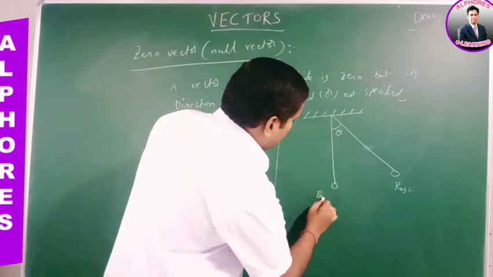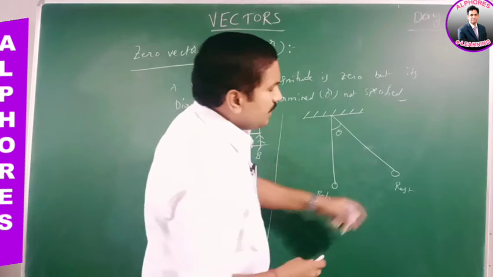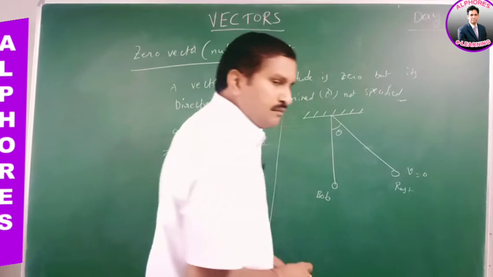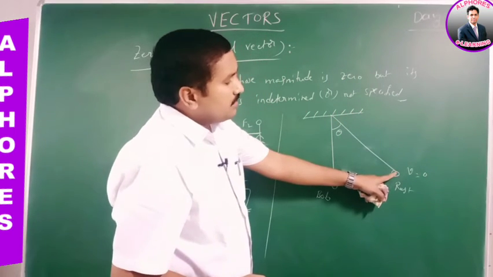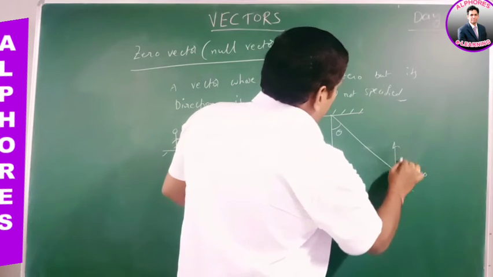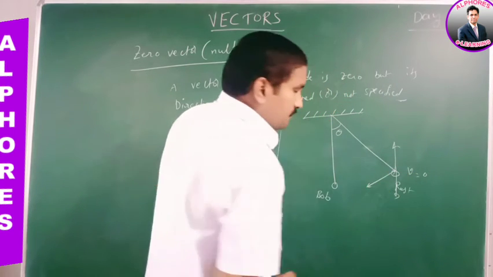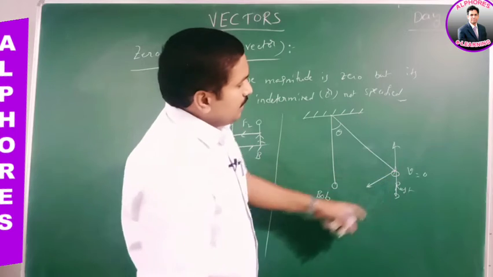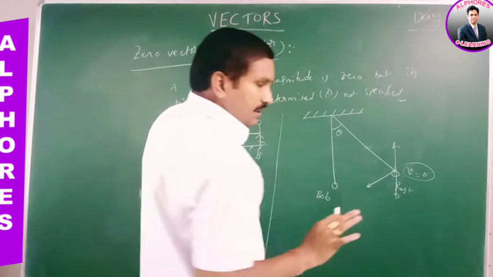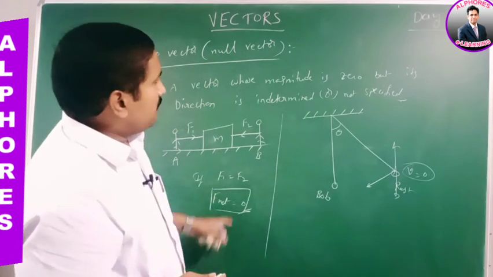At rest, what is the velocity of this body? The velocity vector is 0. But we can't specify the direction of this bob. Is it moving upward or downward or in this way? We can't specify. That means the velocity vector is 0, the magnitude is 0, but the direction is indeterminate. So these are simple examples for the zero vector.